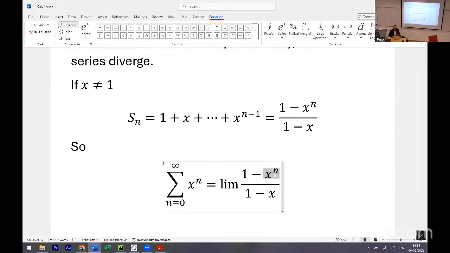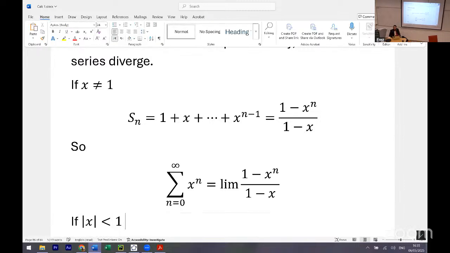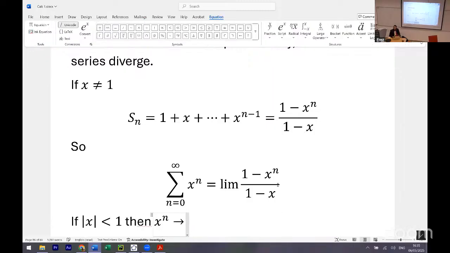It depends on x. If x is smaller than 1, then x to the power of n tends to 0.